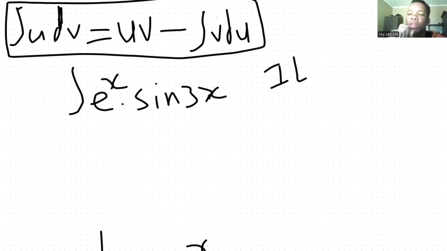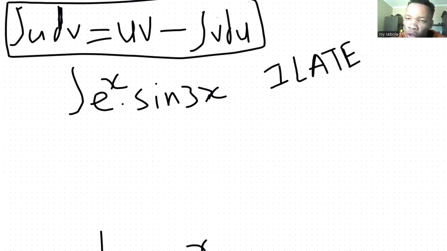The ILATE method is used when we choose the u. The I stands for inverse trigonometry, L stands for logs, A stands for algebraic functions, T stands for trigonometry, and E stands for exponential.